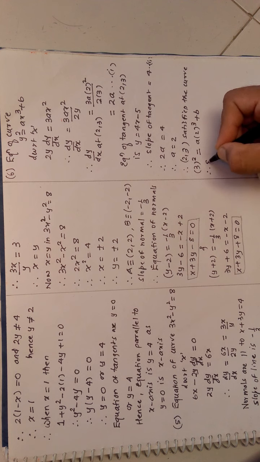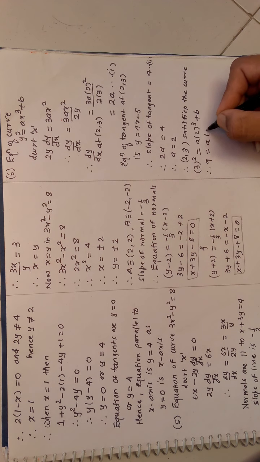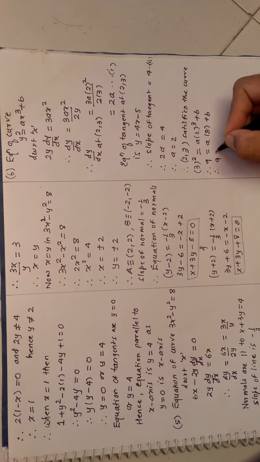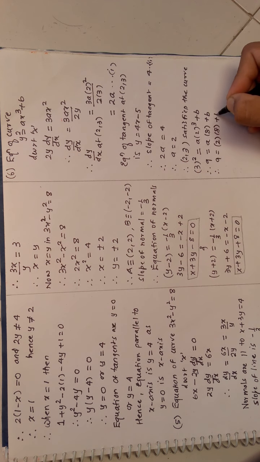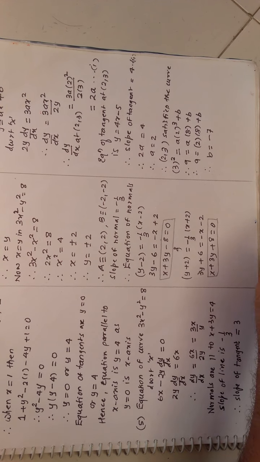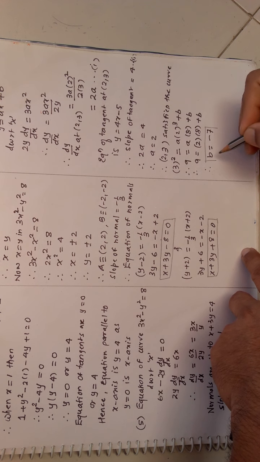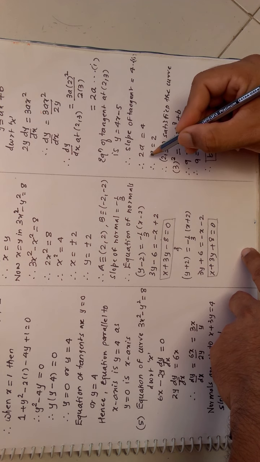So therefore 9 is equal to a into 8 plus b. So your a becomes 2 into 8 plus b. So finally we get b is equal to minus 7 and your a is equal to 2, which we are expected to find out.